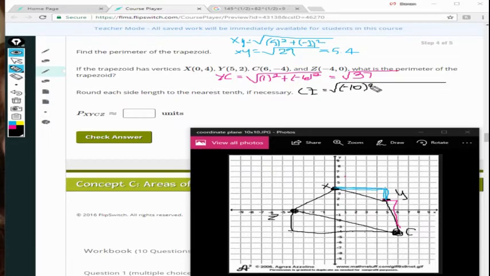And that's going to be squared plus our vertical distance, which is 1, 2, 3, 4. Which will come out to be negative 10 squared is 100. 4 squared is 16, so 100 plus 16 is 116. So I'll have the square root of 116.